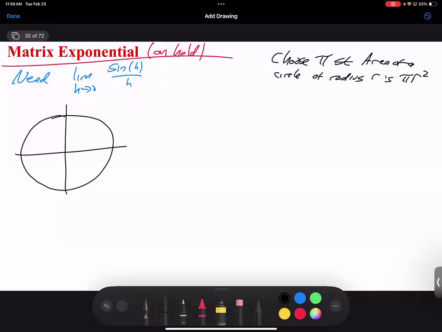I will risk making a comment from multivariable calculus. If you want to find lengths of curves, do you remember those formulas? We have to be careful with the square root of 1 plus (dy over dx) squared inside the square root, because ds squared is not dx squared plus dy squared.